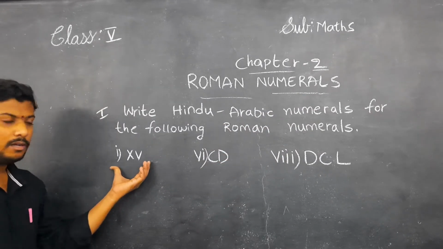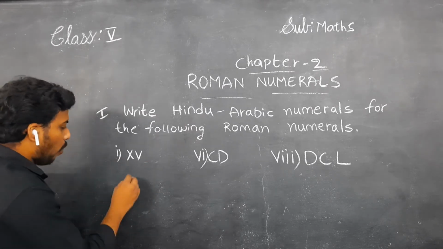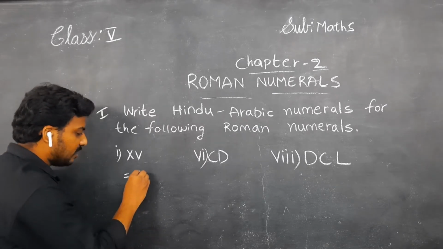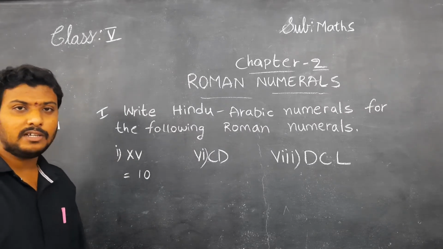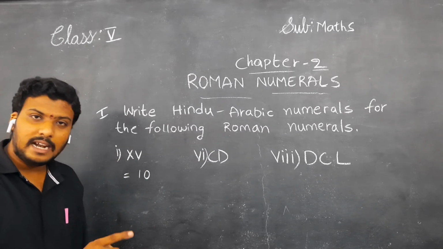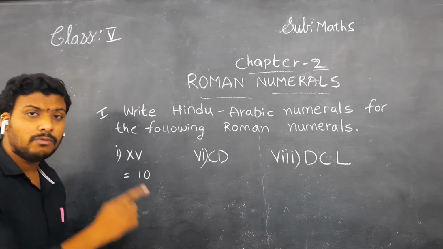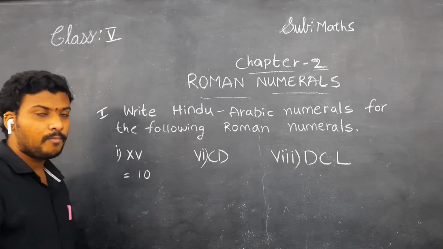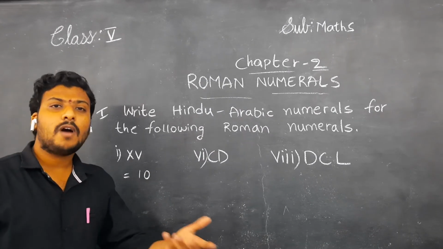First one, see, children. Here they have given XV. What is the value of X? We already discussed: the value for the letter X is 10. Next, V. What is the value of V? 5.